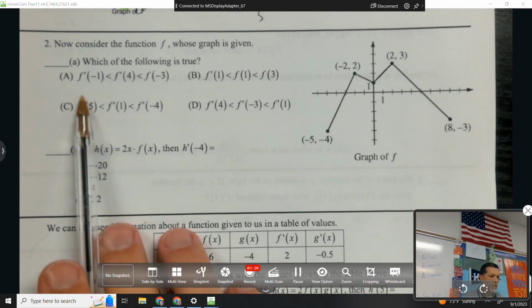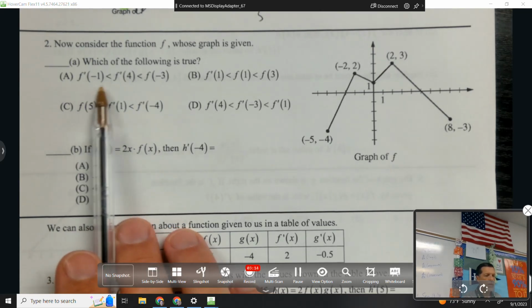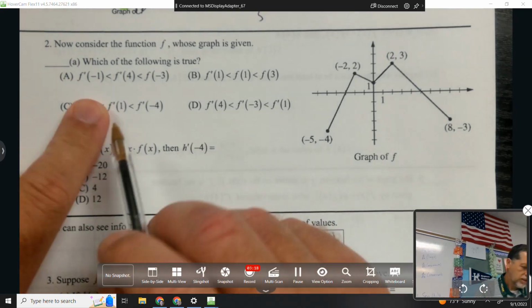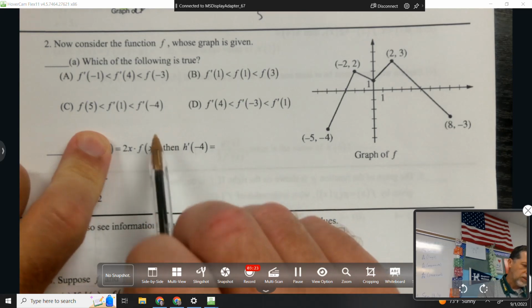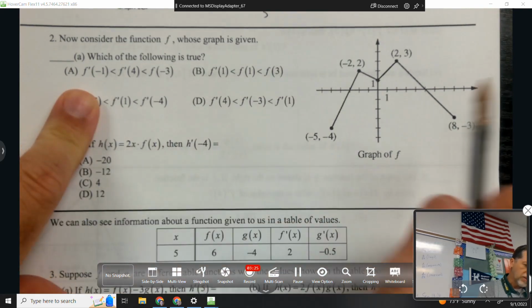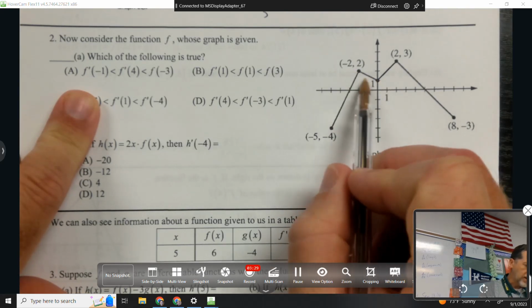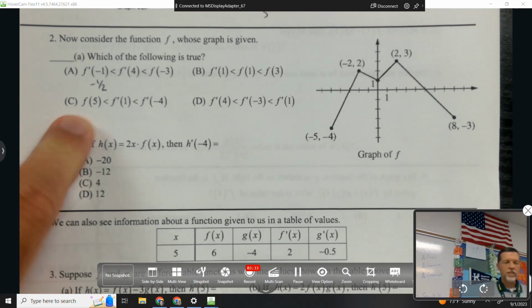So this really just means the slope at negative 1 compared to the slope at 4 compared to the slope at negative 3. So we've got all these different values. The slope at negative 1 would be negative 1/2. Right, this is just like algebra 1.